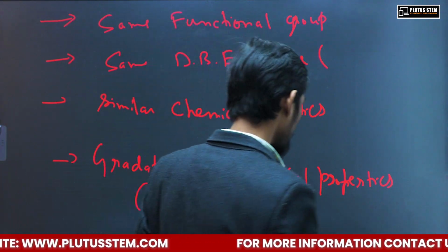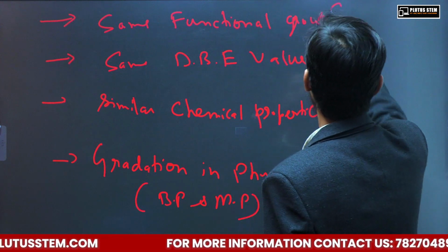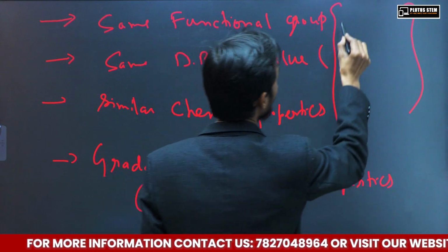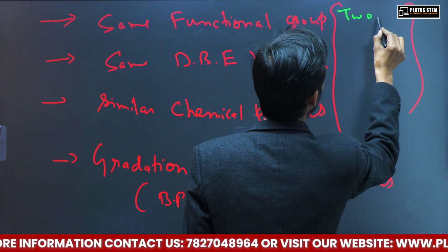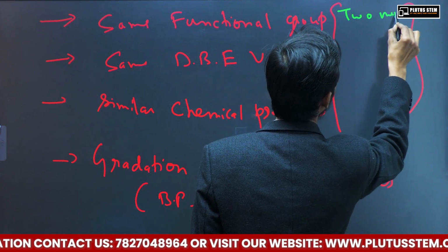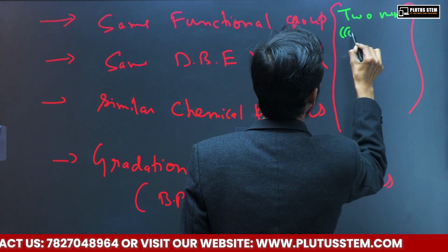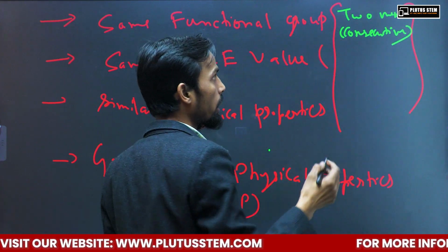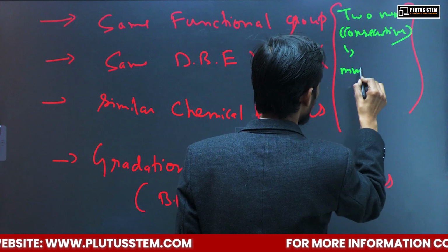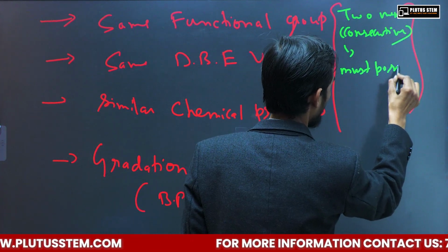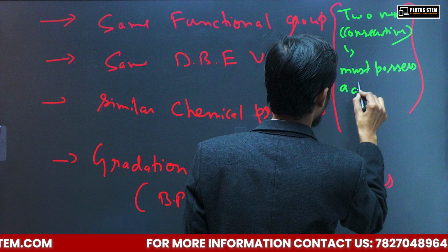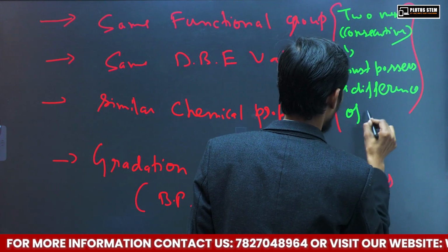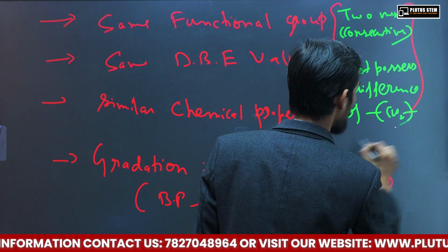We will see one more point that is quite important: two consecutive members must possess a difference of CH2.